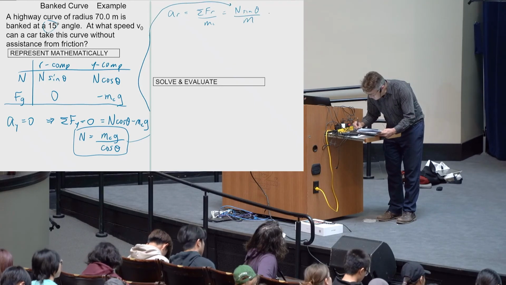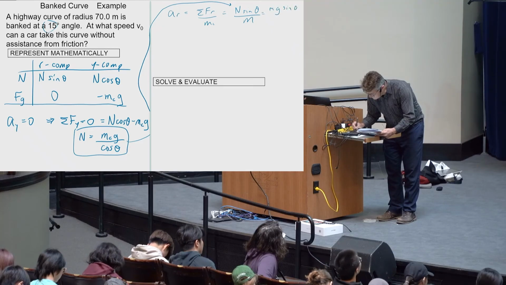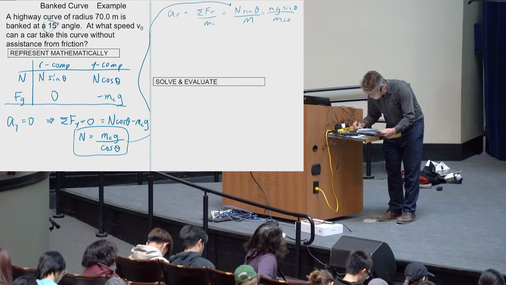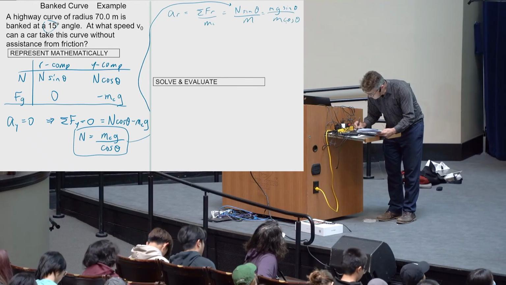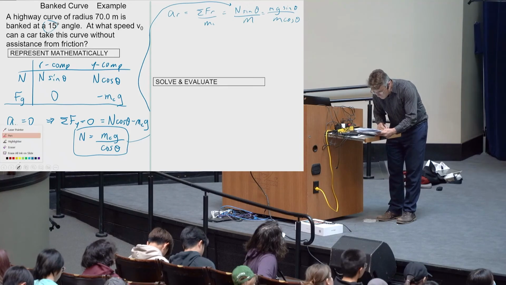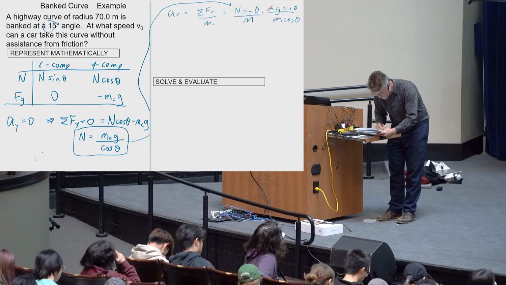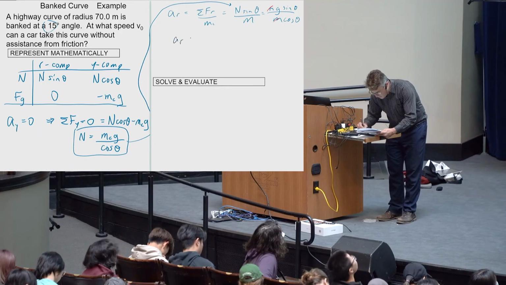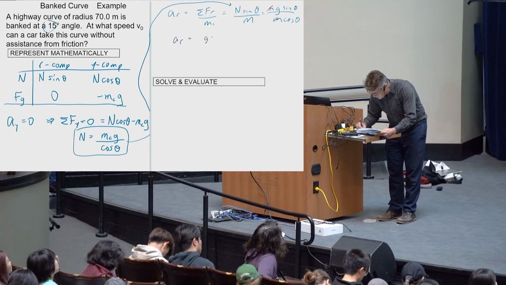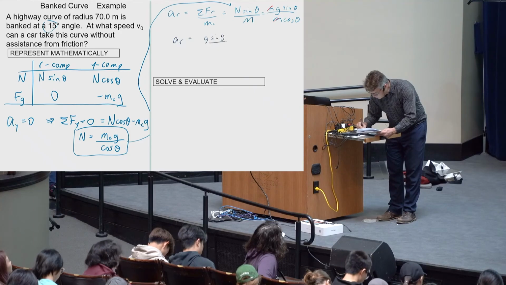Plug this in right here. And you get m g sine theta divided by m cos theta. And the m's cancel at this point. So that's lucky. And you get that a sub r is equal to g sine theta over cos theta.